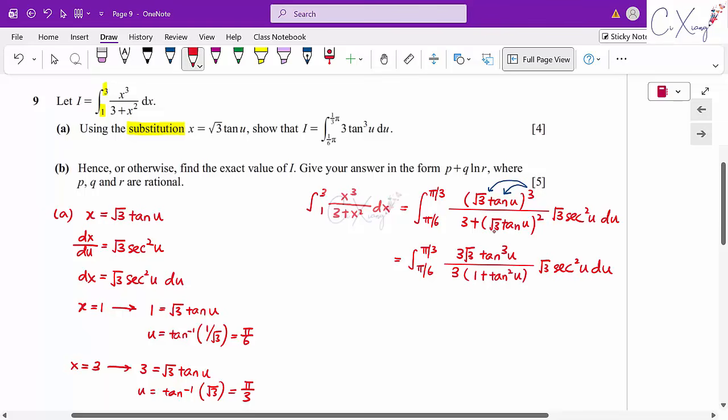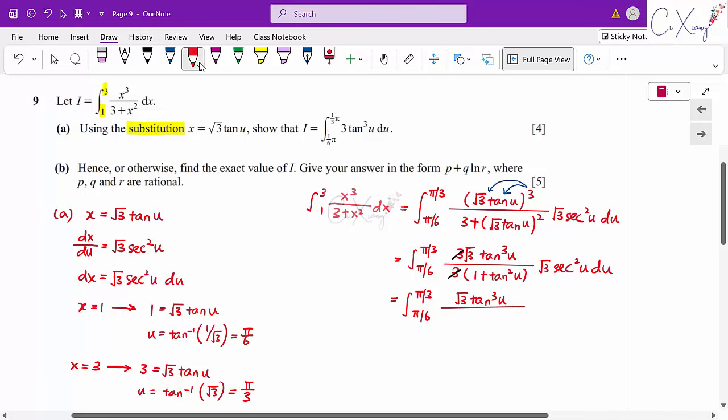Okay, so how can we further simplify all this to get a better equation like what they want us to show? Right, so first of all, you can see that the 3 and 3 can be simplified for now. Then what we have here is we left only root 3 tangent cube u on top, right?